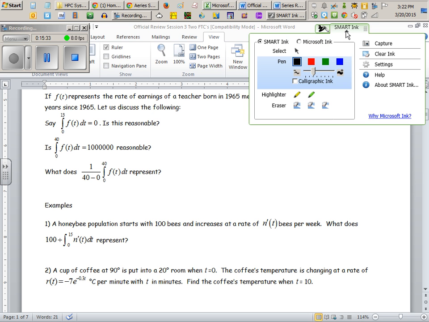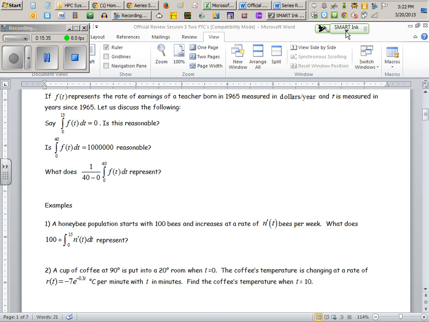I'm glad you came to this, because that's really important on the AP test. Whenever you see 1 over b minus a, and then the integral from a to b, this just basically gives you the average value of f.